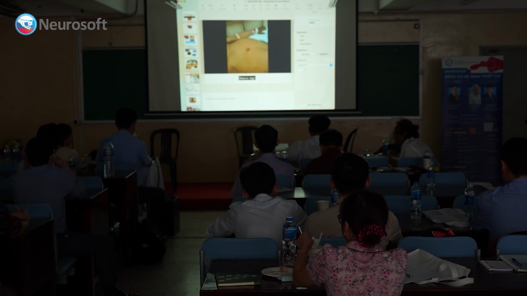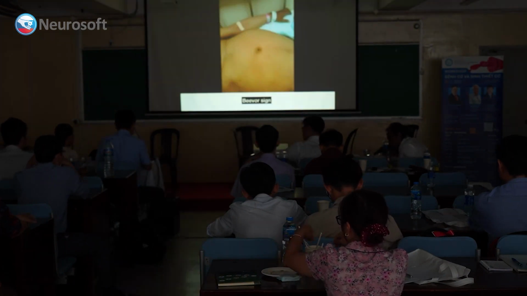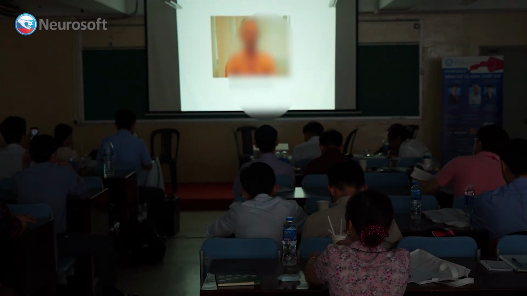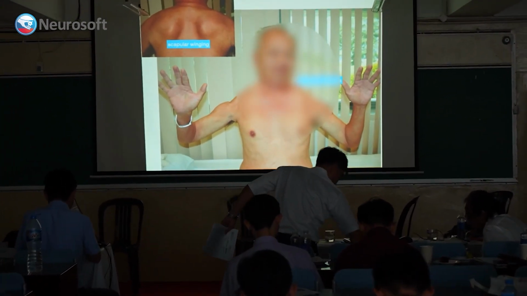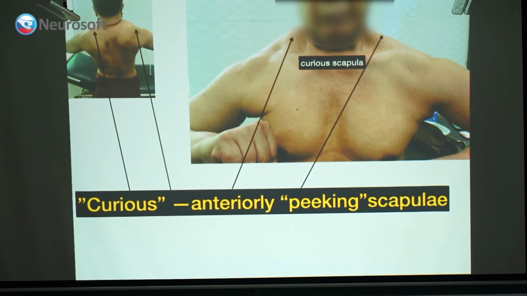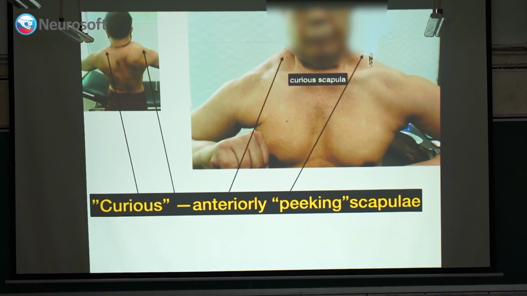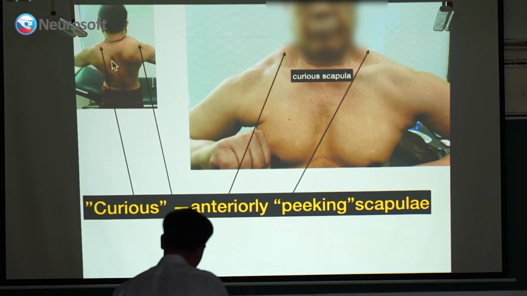So we were discussing some of the cases yesterday. So the beaver sign, right? This is another patient to illustrate the key features. You can see the asymmetric wasting and asymmetric scapular winging.